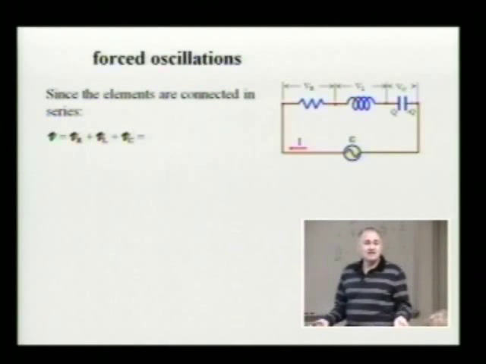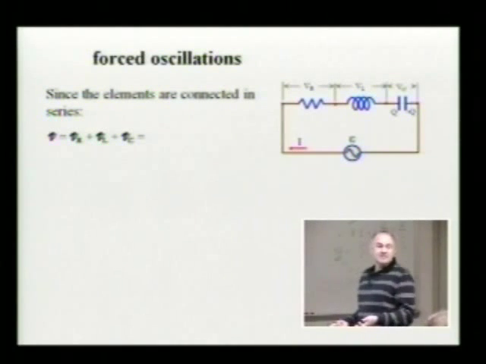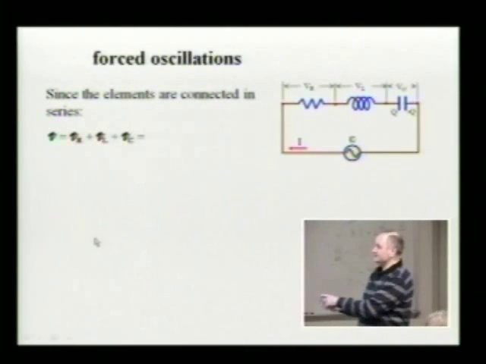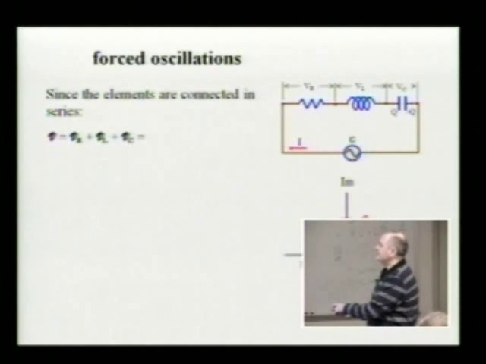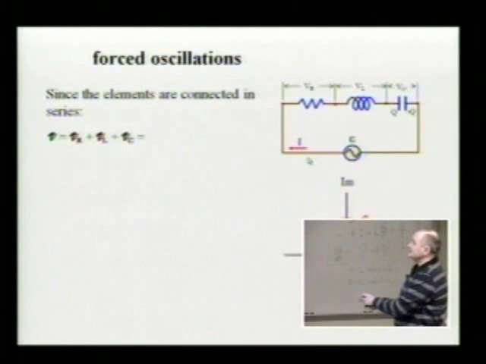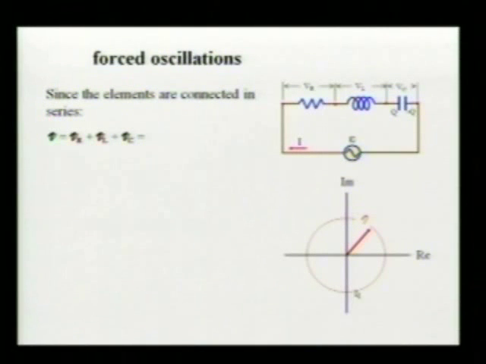So how should I draw the phasor corresponding to the voltage across the resistor? Which way is it going to be and how long? Adam is right. The phasor corresponding to voltage across the resistor is going to be in the same direction as the phasor for the current. How long should that phasor be then?